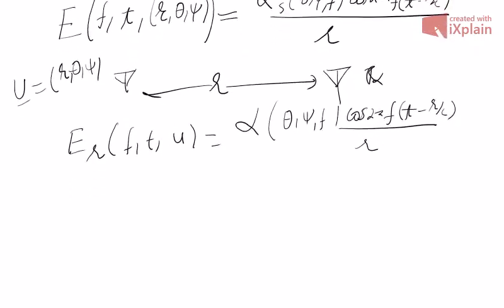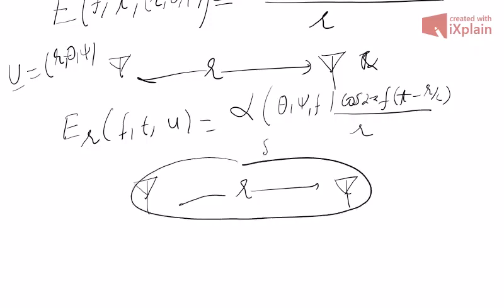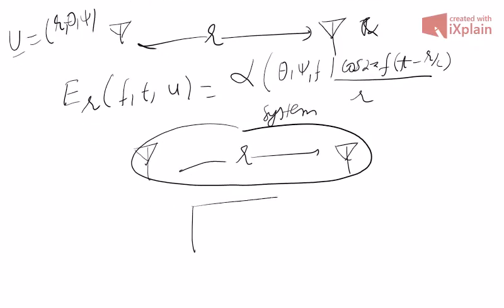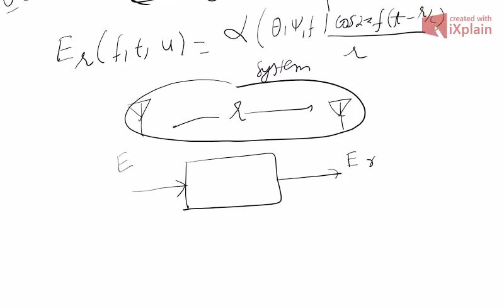Now here is a remarkable thing we can think about. You can treat this transmit antenna, receive antenna, and the space in between as a system. As if you have a system and you transmitted some signal E, and you received a signal ER with this electric field, and you have some particular transfer function for this.